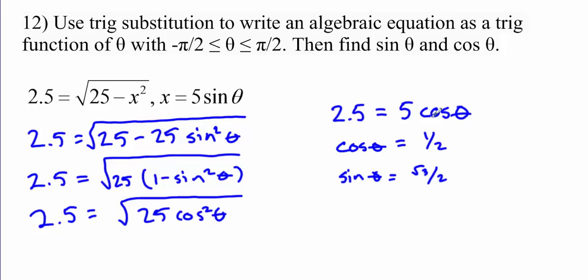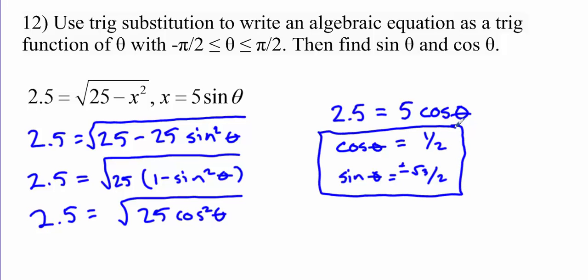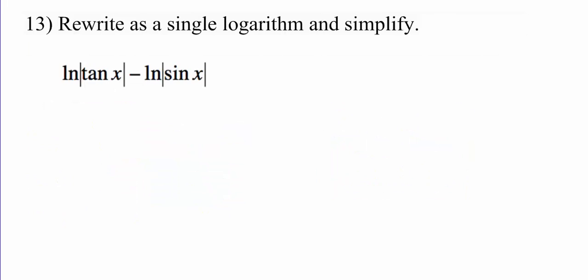There's another place where cosine theta is equal to 1/2. It happens to be at negative pi over 3. And you'll note that at negative pi over 3, the value of the sine function changes to be negative. So this might be a little picky, but technically our sine theta could be a positive or a negative in this particular case.